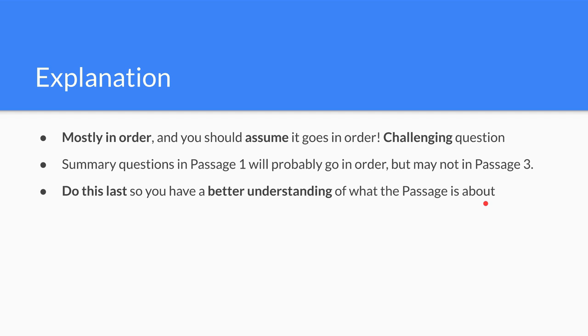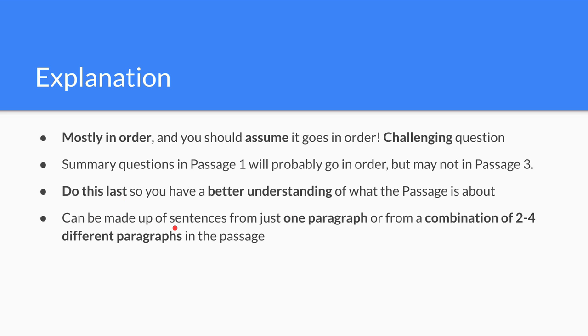You will become more familiar with the paragraphs in the article, so it's going to be easier for you to answer these questions. Otherwise, it can really take up all of your time as you go about looking for answers through different paragraphs. You don't want to do that. Save these questions for the end.